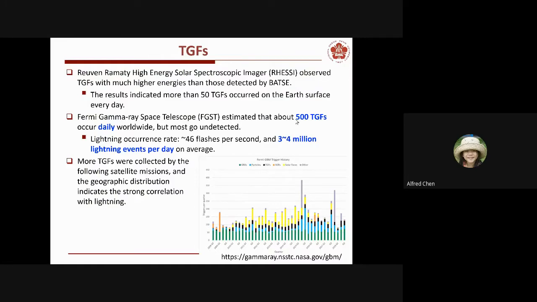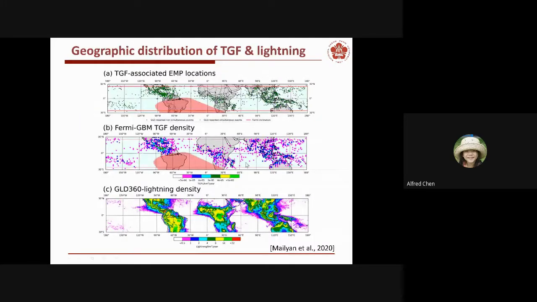So this rate is relatively low, and more terrestrial gamma ray flashes were collected by the following satellite missions, and the geographic distributions also indicate a strong correlation with lightning. So we can see this drawing.